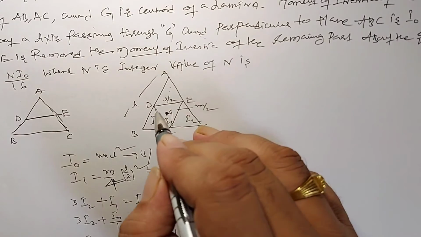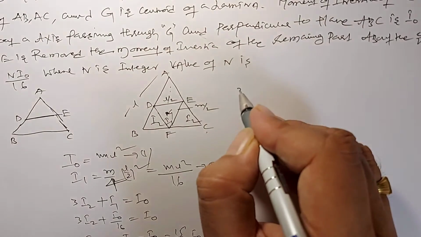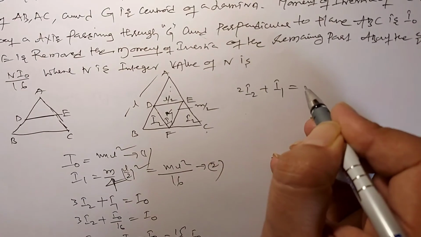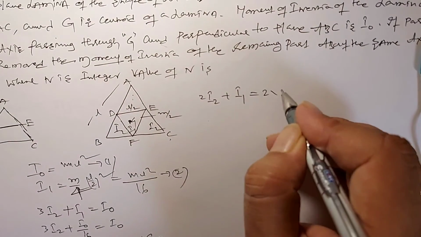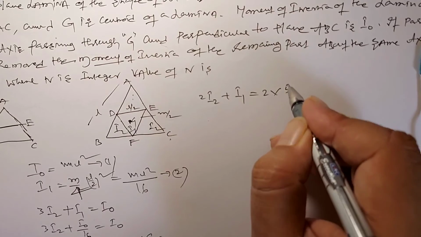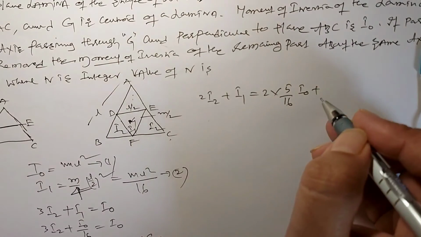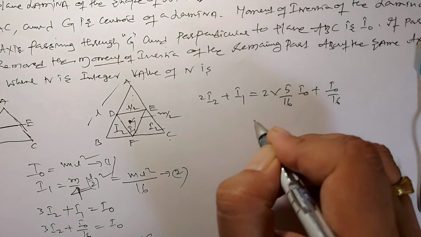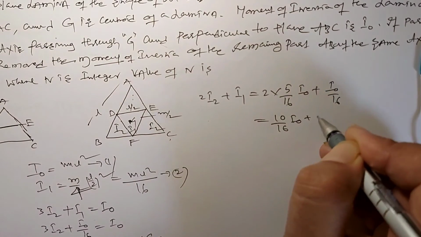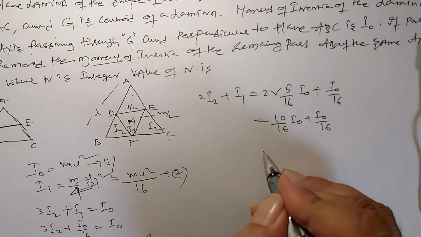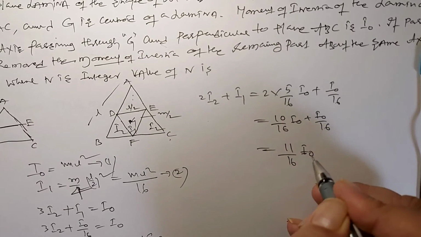So the total moment of inertia of DEBC is 2I2 plus I1, which is 2 into 5 by 16 into I0, plus I0 by 16. That is 10 by 16 into I0 plus I0 by 16, which is 11 by 16 into I0.